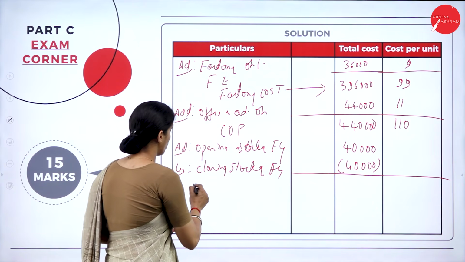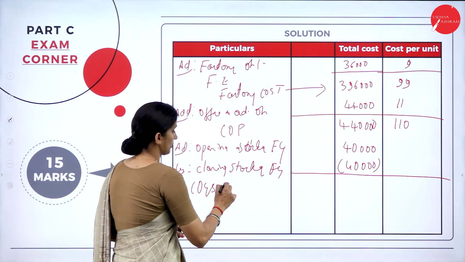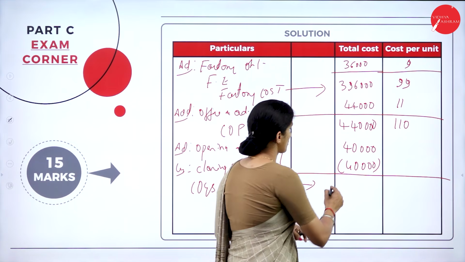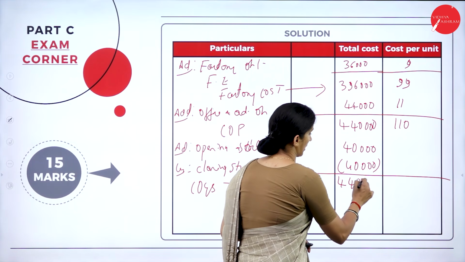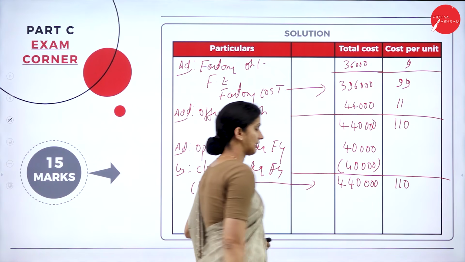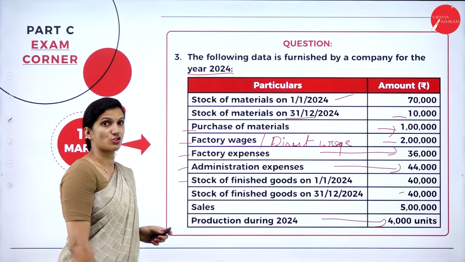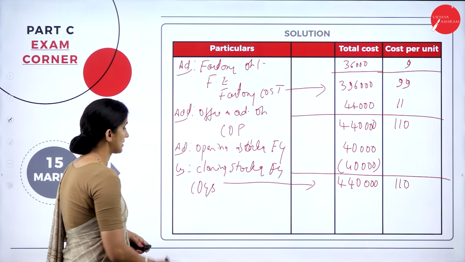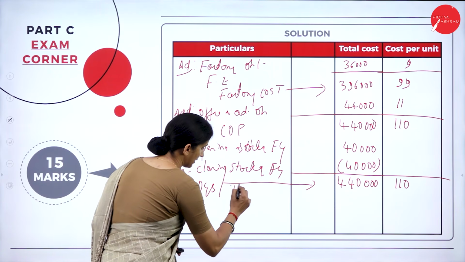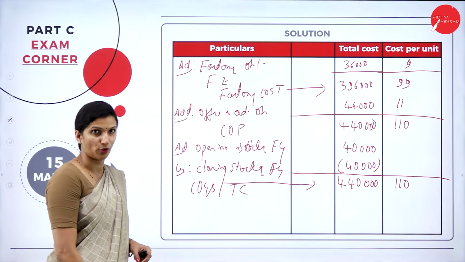So your cost of goods sold will be 4,40,000, and 110 per unit, the same. In this question, we don't have any selling and distribution overhead. So this cost of goods sold itself will be the total cost, that is 4,40,000.